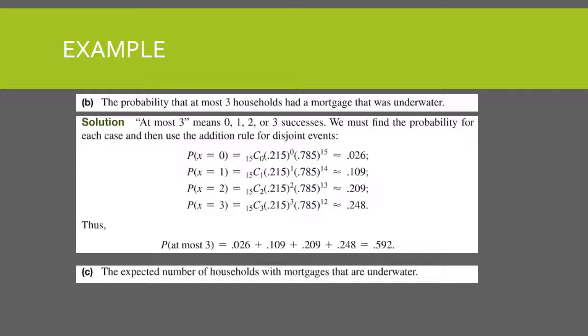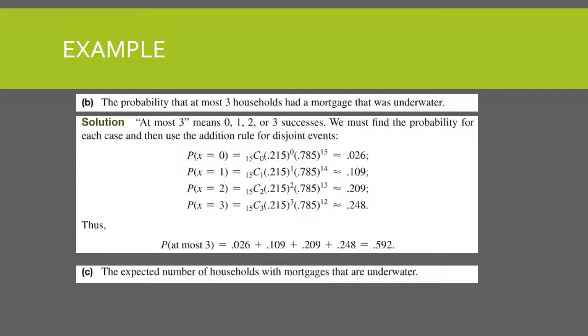So, putting each of these into our formula, we get 0.026 for 0, 0.109 for 1, 0.209 for 2, 0.248 for 3, add them together, and you find that the probability of having at most 3 would be 0.592.